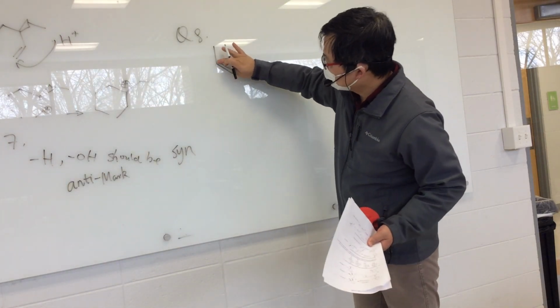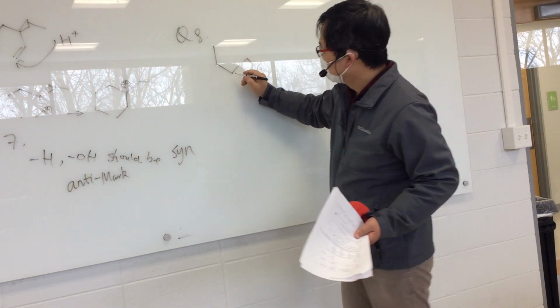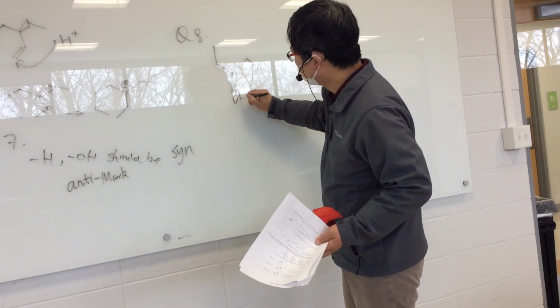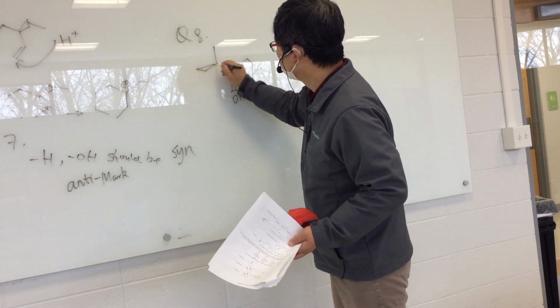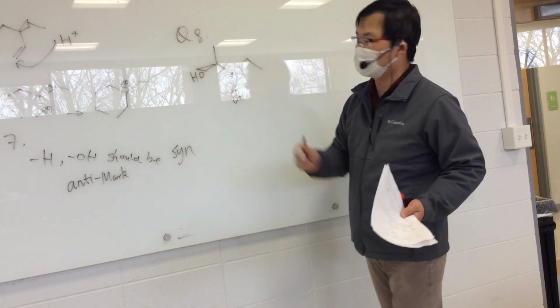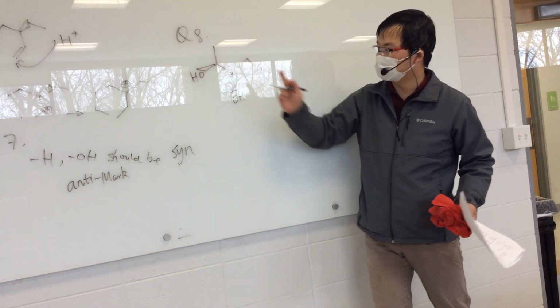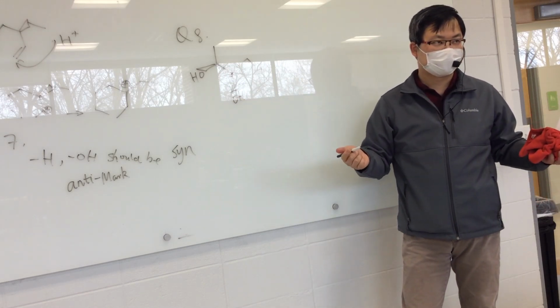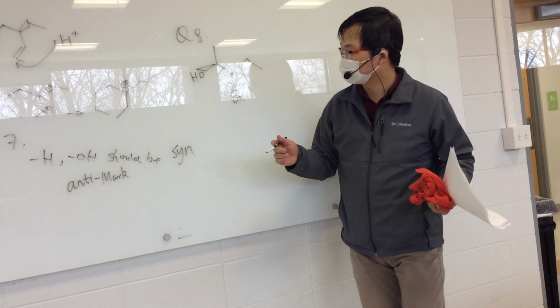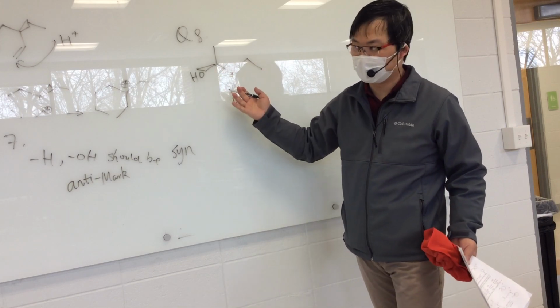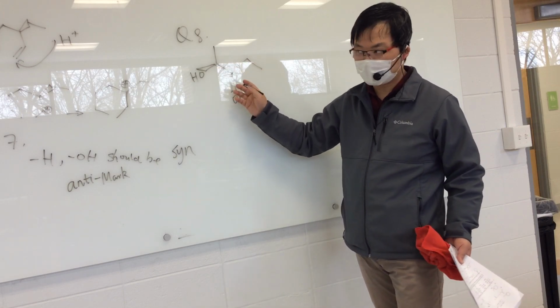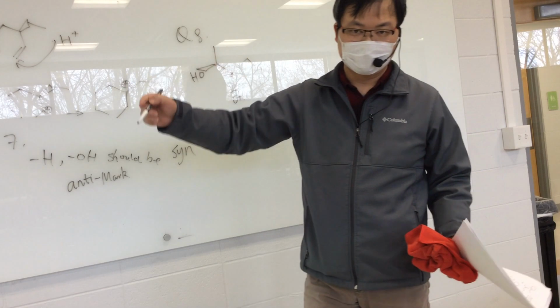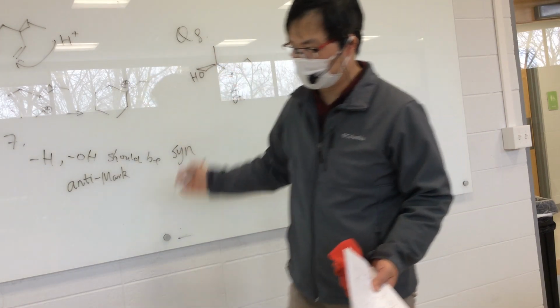So after the addition, these two hydroxy groups should be like that. So these two are on the same side, and the two hydroxy groups should also be on the same side. Then we can determine the chirality, and then we can find the one that has the same chirality for these two carbons.